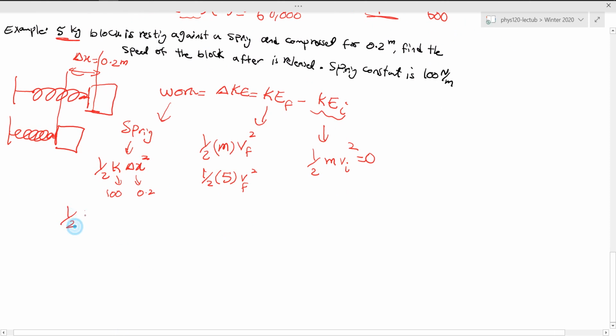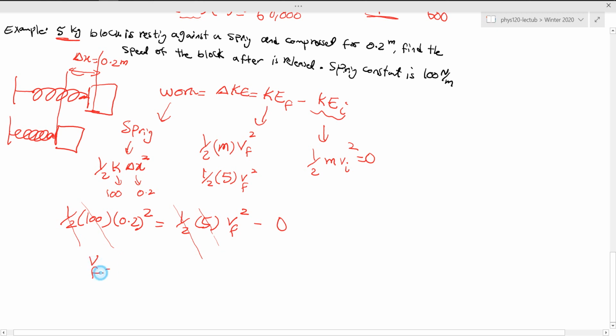So I have half of 100 times 0.2 to the power of 2 is equal to half of 5 Vf to the power of 2 minus 0. So 0 is 0. Then from here I can actually calculate how much Vf is. So the half from both sides, you can cross them off. Then this 100, you can cross it off with 5, you get a 20 here.